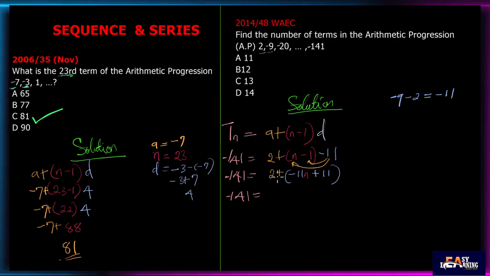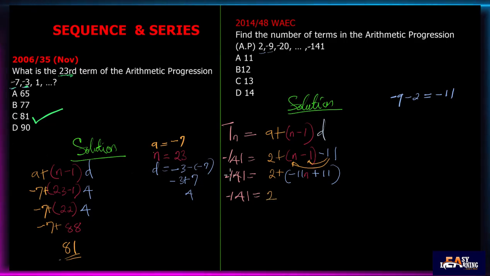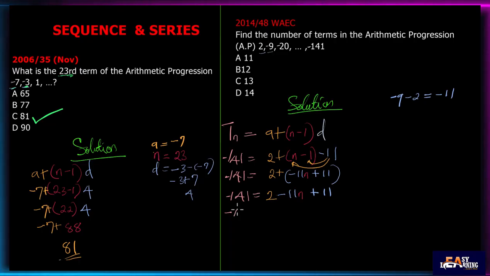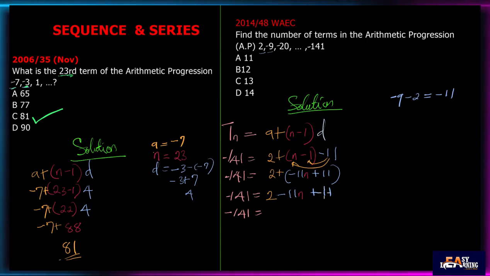then we open up this bracket, so we have 2 minus 11n plus 11. All right, we can keep solving. Minus 141 equals, within here we can collect like terms first.